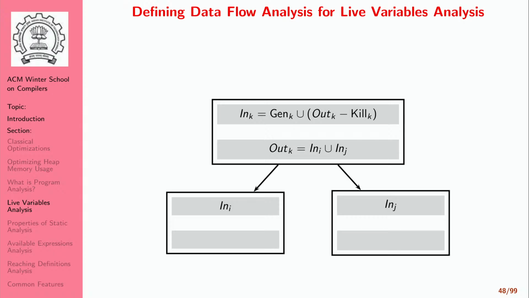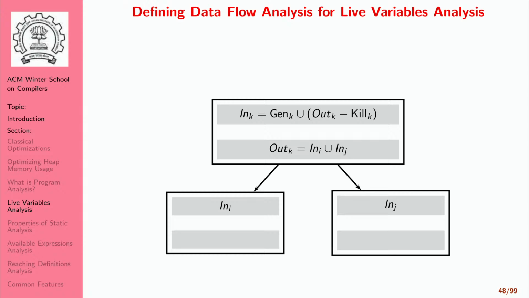Now we define something called in and out. These are the two sets. In K, the set in for the basic block K, is the set of variables that are live at the entry of the basic block. Out of K is the set of variables that are live at the exit of the basic block. Now observe something interesting. We are saying that for a variable to be live, it has to be used along some path.